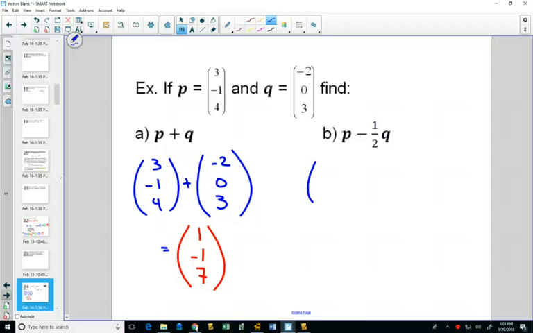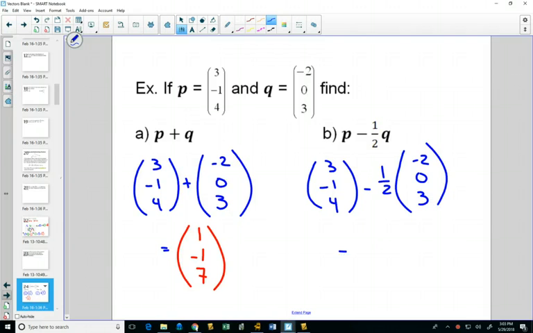And if you took p and subtracted half of q, you would get 4, -1, and 4 minus 1.5. No, 4 minus 1.5 is 5 halves.